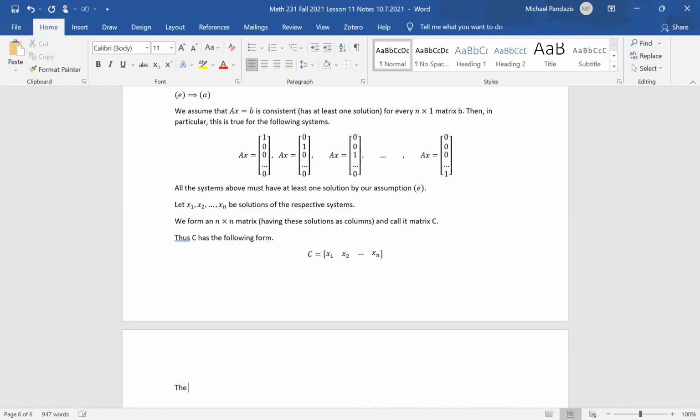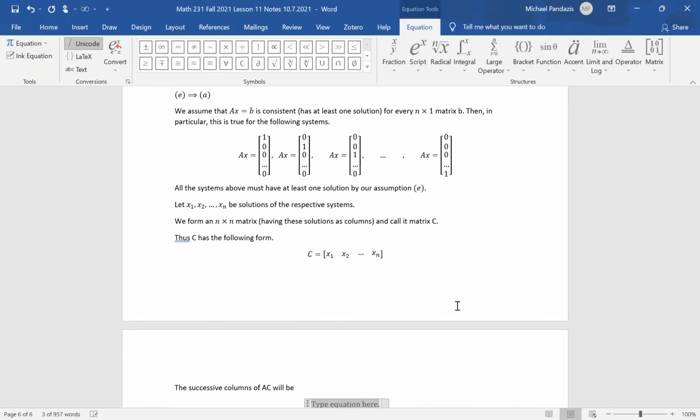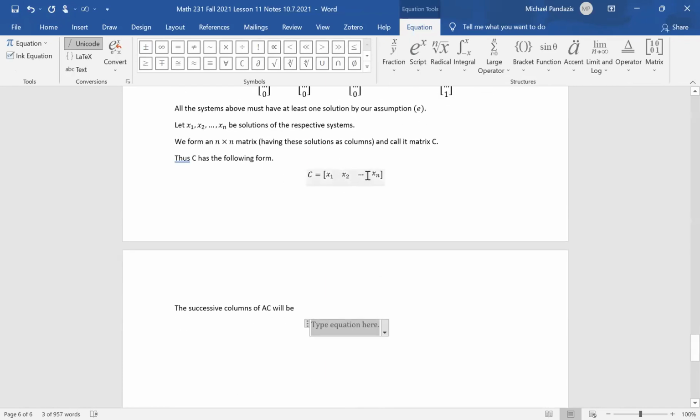All right. The successive columns of AC will be, so if we take A times C defined that way, the successive columns of AC will be Ax1, Ax2, Ax3, dot dot dot, Axn.